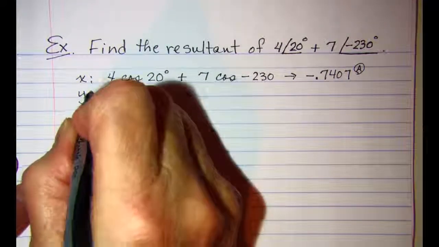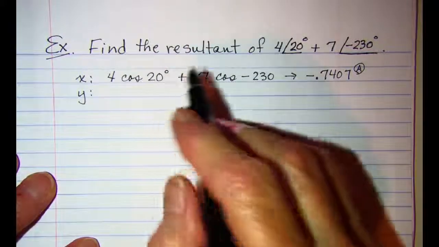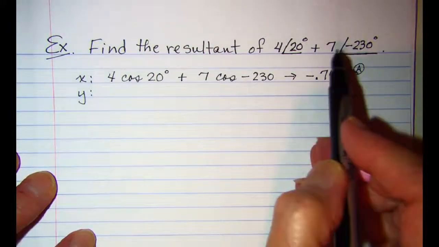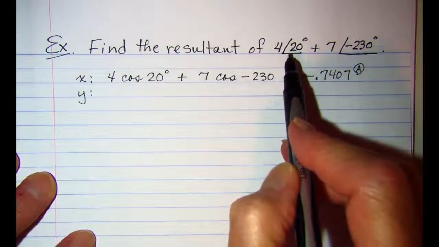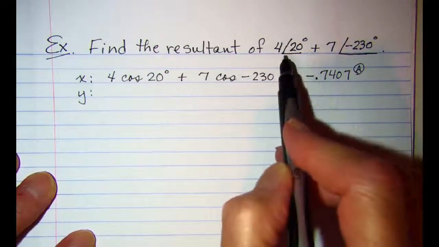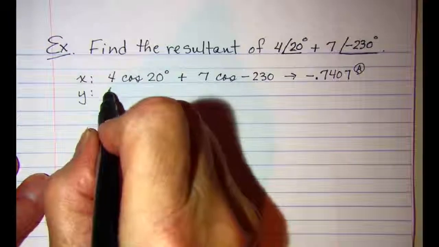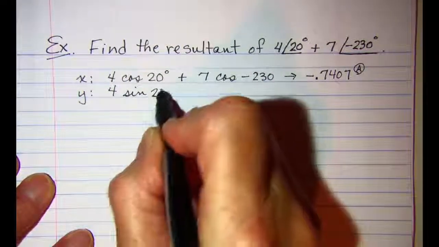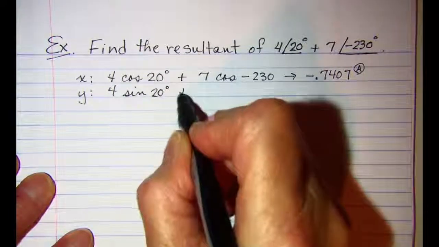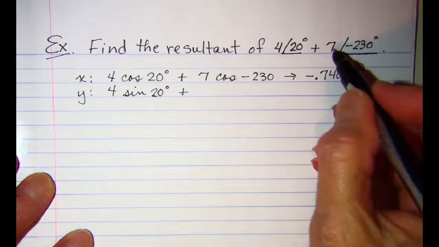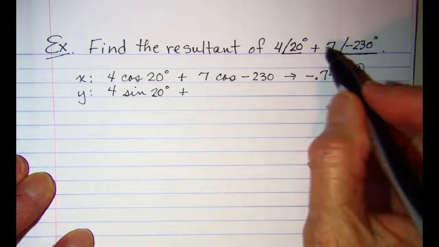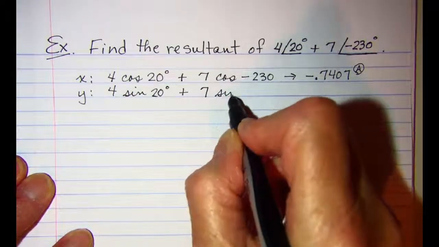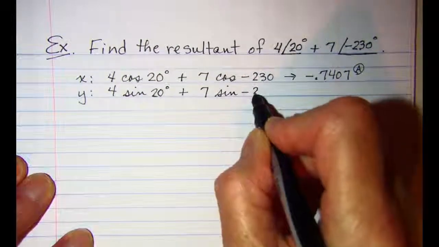The vertical component we would find by finding the y values for each of these and adding them together. So the vertical component for this vector is 4 times the sine of 20 degrees, and then I'm going to add that to the vertical component for this vector, which is 7 times the sine of negative 230.